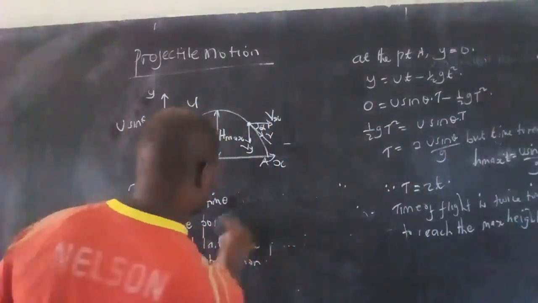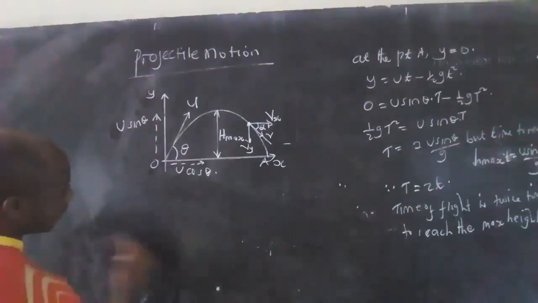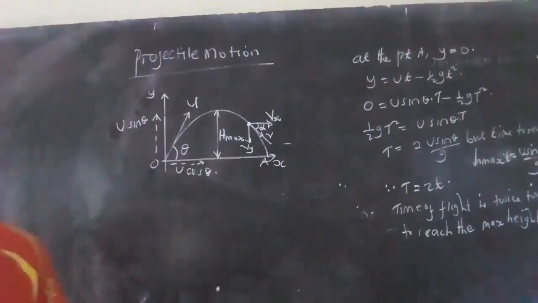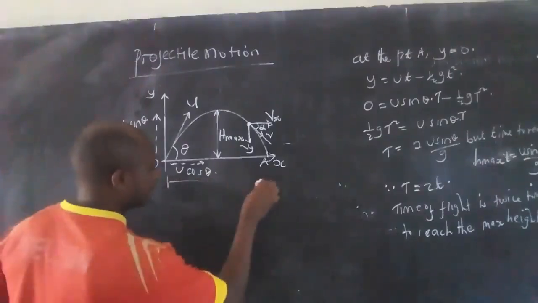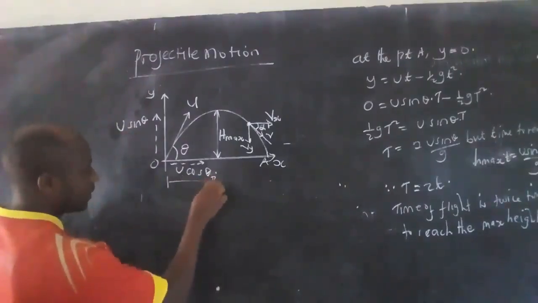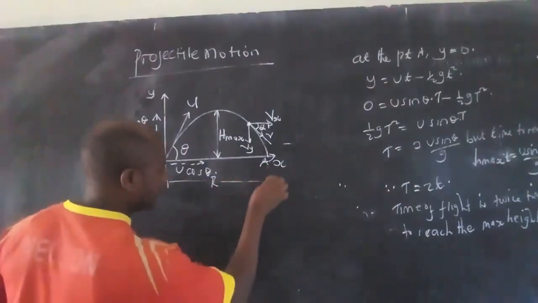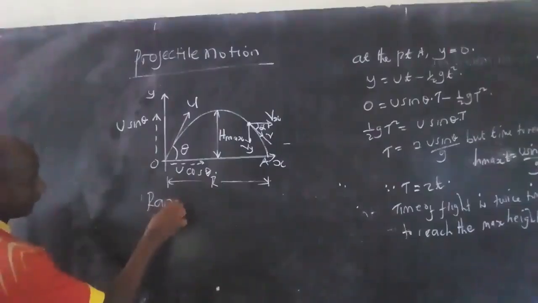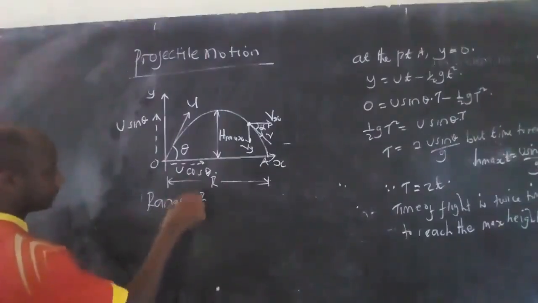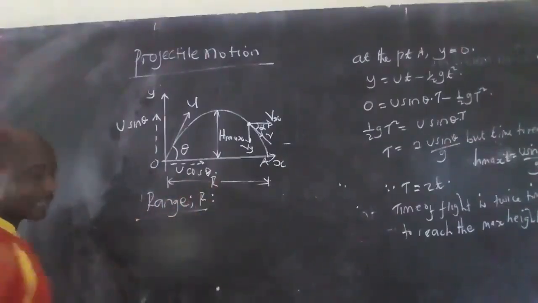Then I can move this one. We continue with the same diagram, and after that, we can look at range. Here, I didn't indicate it, but I can indicate it there. This is R, up to here. That's range. Now, what is range?